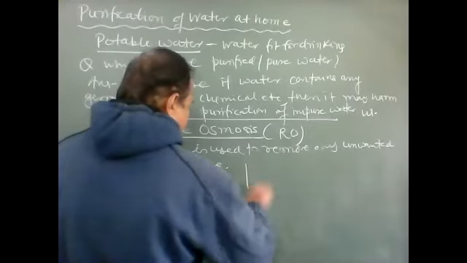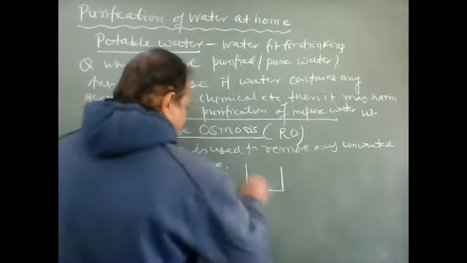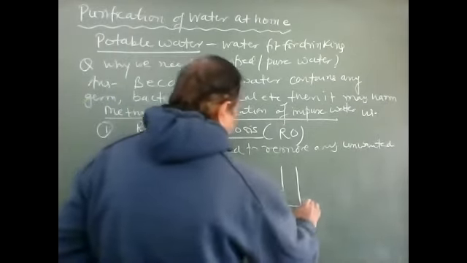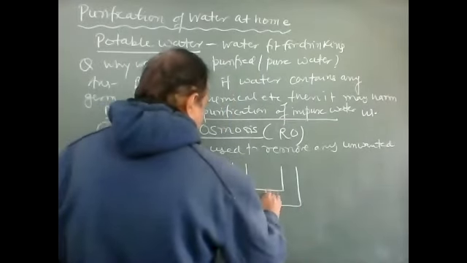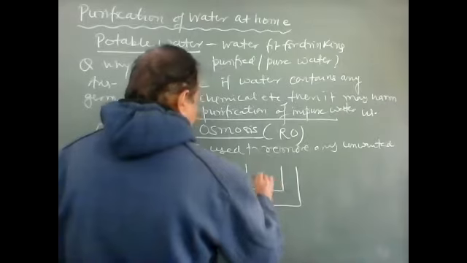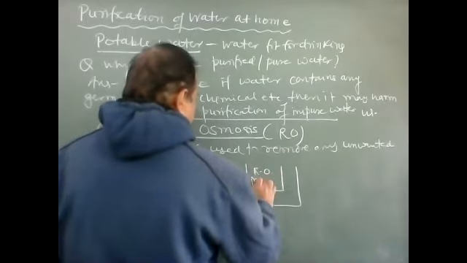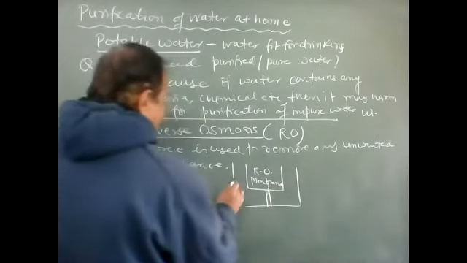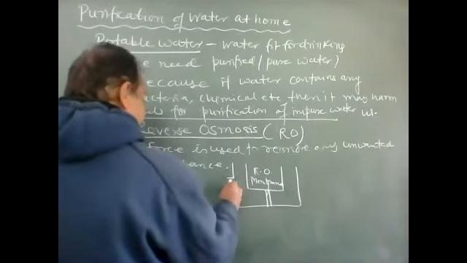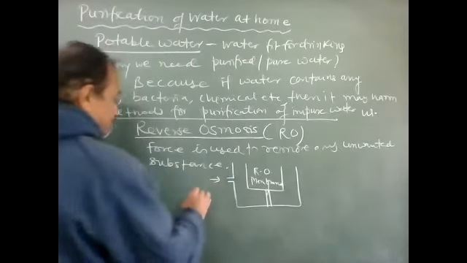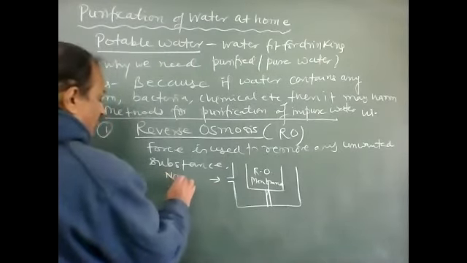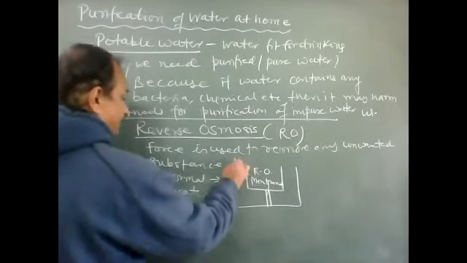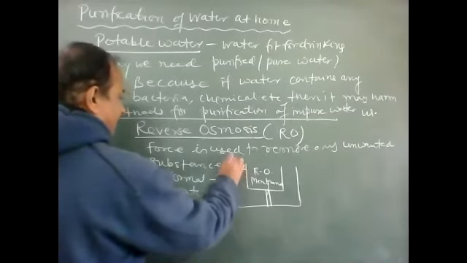If we have a structure like this, and here this is the RO membrane, and from one side we are passing impure or normal water, and here pressure is applied.